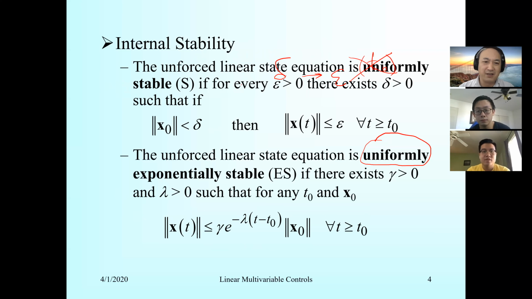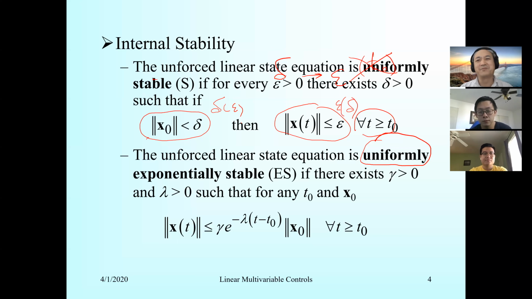On the other hand, you can also say, if you want x within this ball, then you can always define your initial condition within the delta. In this case, delta will be a function of epsilon. Regarding exponential stability, that means you can be bounded by an exponentially decaying function, where lambda is positive, so it's an exponential decay.